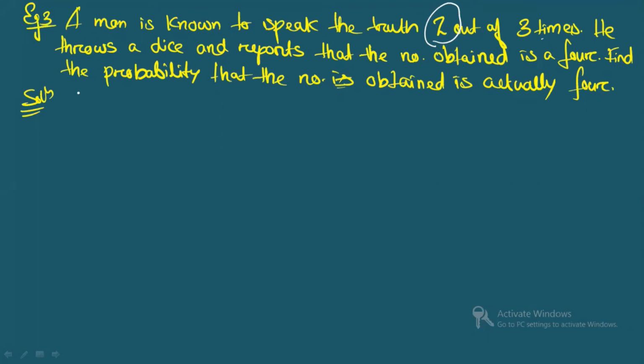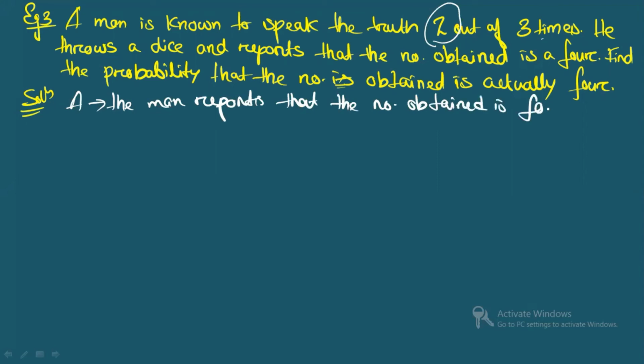Okay, so here the event A is what? The man reports that the number obtained is 4. Clear? What will be B1 and what will be B2?